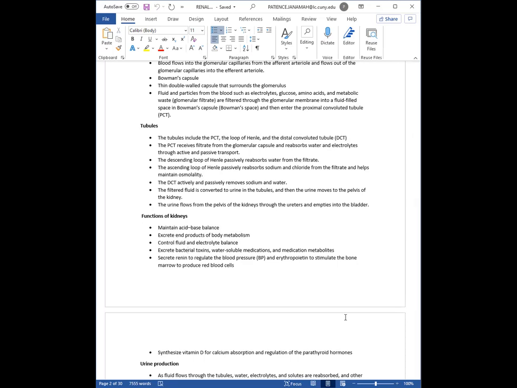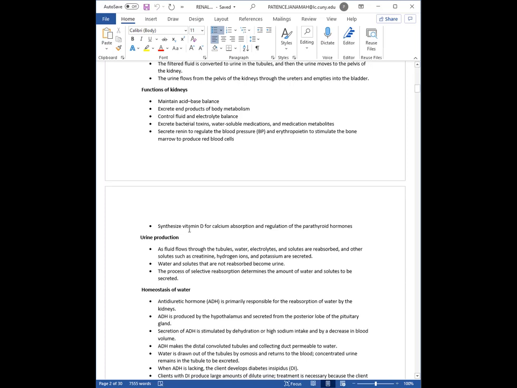It secretes renin to regulate blood pressure, and erythropoietin to stimulate the bone marrow to produce red blood cells. Renin is an enzyme which helps to regulate your blood pressure.